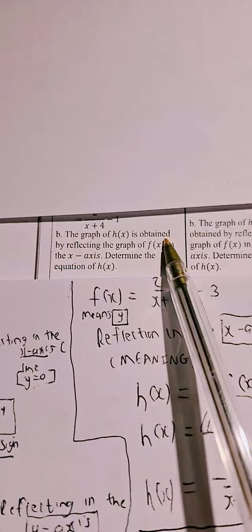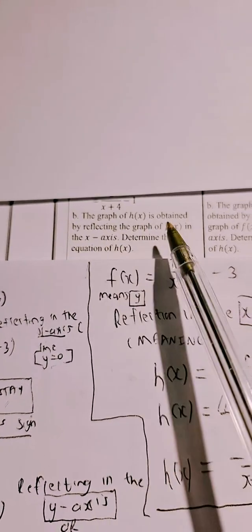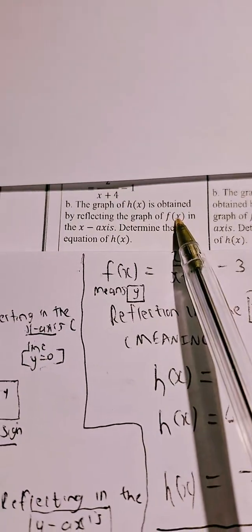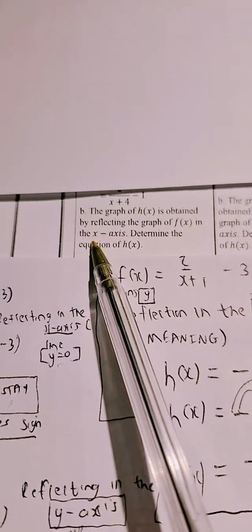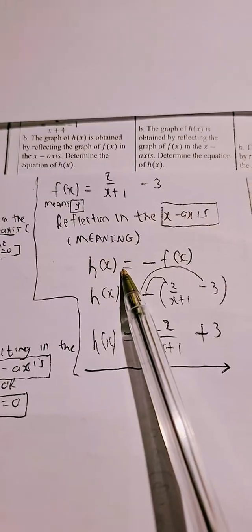They are saying the graph of h of x is obtained by reflecting the graph of f of x in the x-axis. Determine the equation of h of x. So who is being reflected? f of x. Where? In the x-axis. To form what? To form h of x. So h of x is a new function.